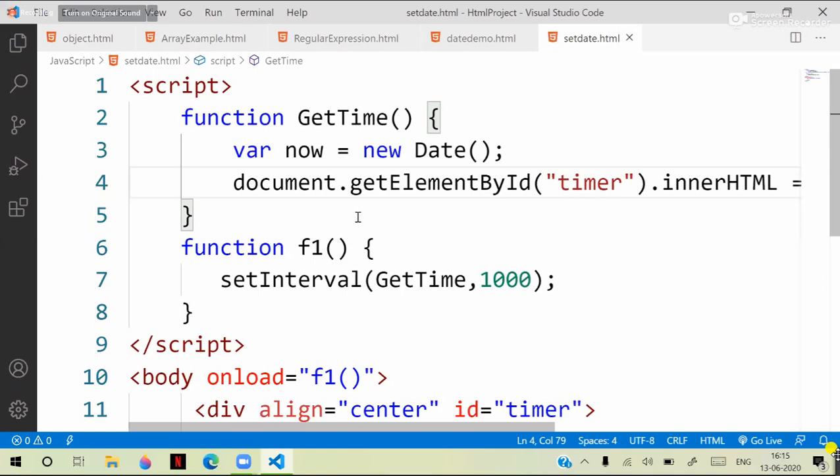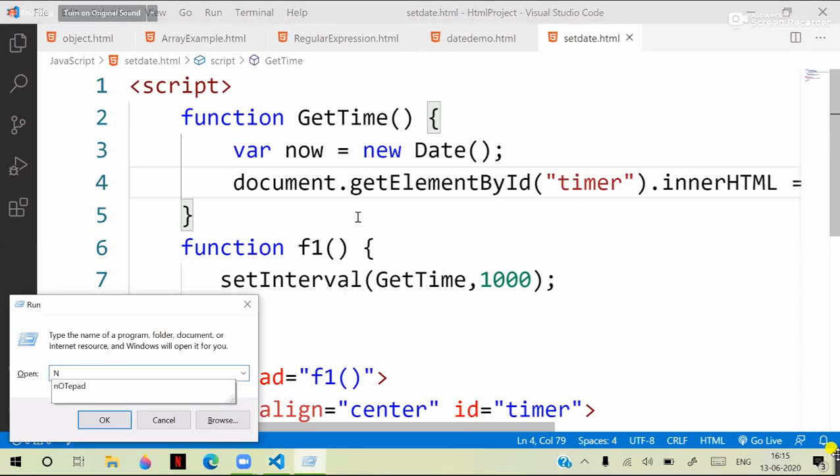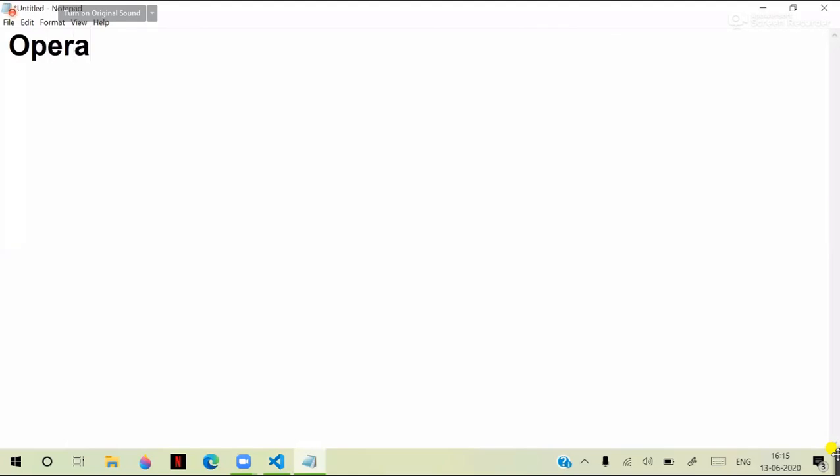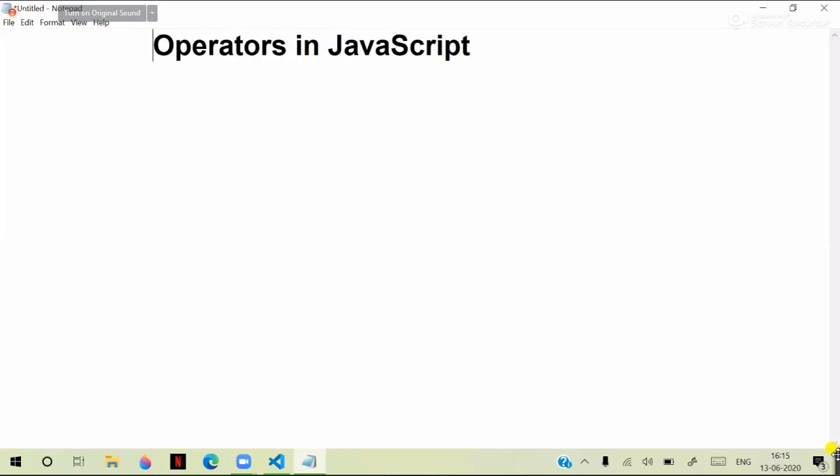Next important, we need to understand about operators. Operators in JavaScript. In every programming language, operators are important.